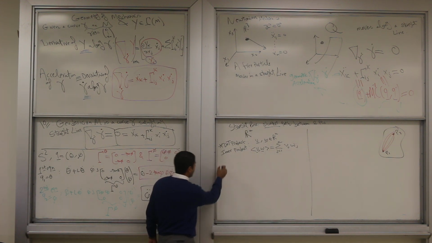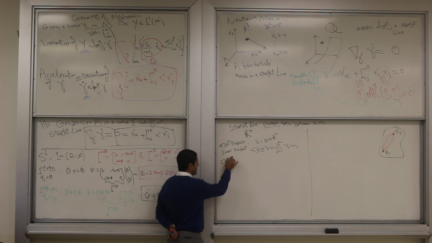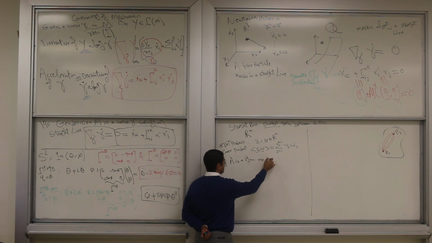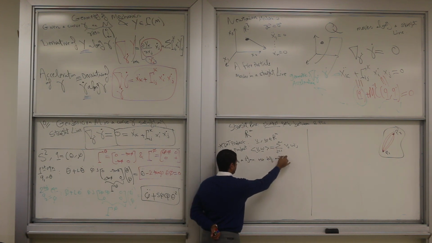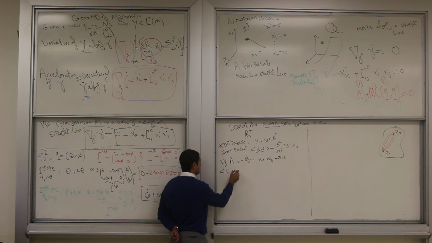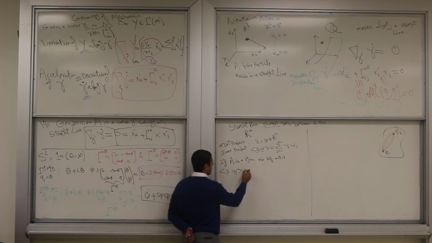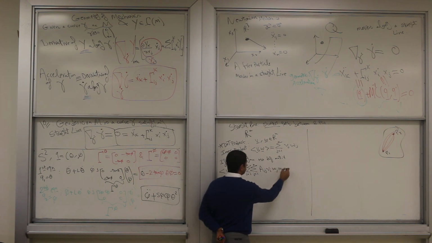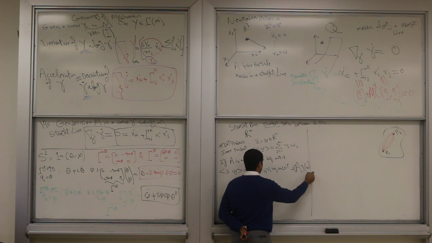Okay, and actually if I have a matrix A that is symmetric, positive definite, then I can define the dot product or the inner product with respect to this matrix. How? Well, <V, W> now will be defined as the summation i from 1 to n, j from 1 to n, Aij Vi Wj. Or it's V transpose as a row, A as a matrix, times W as a column. Okay?